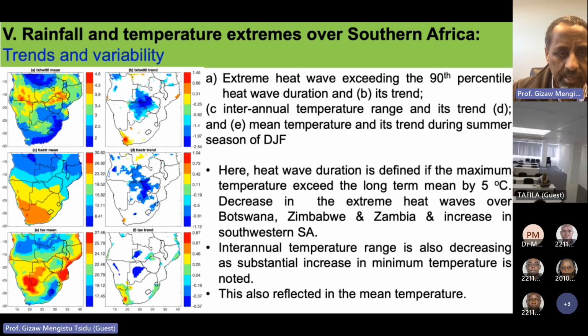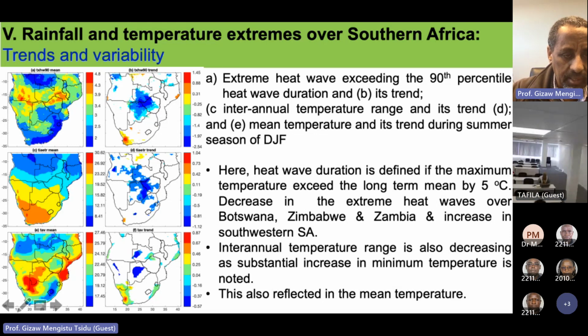And the only place where you expect some increase in heat wave is the south eastern part of South Africa. You can see a red color here. There is an increase in the heat wave duration for this area.